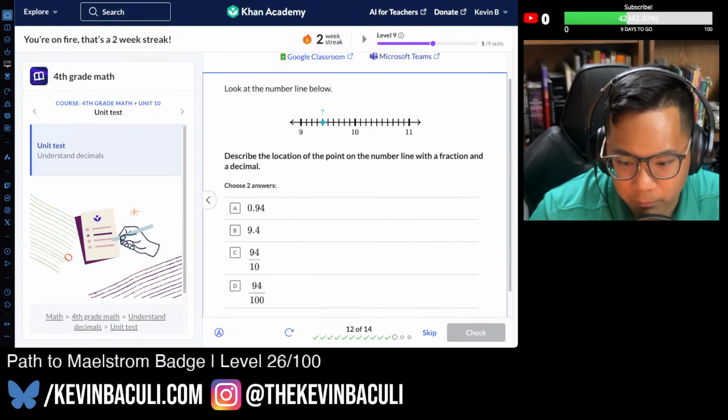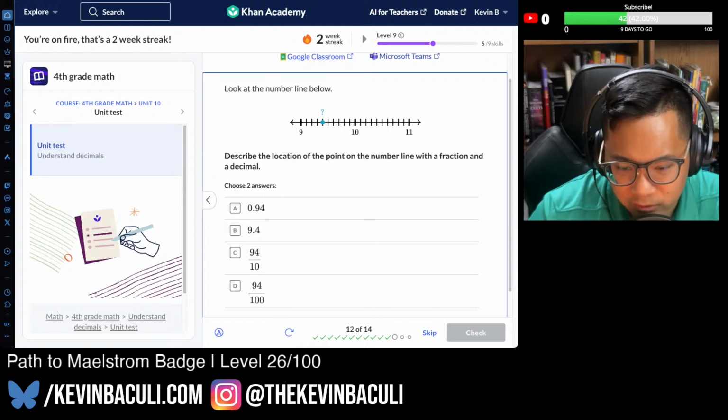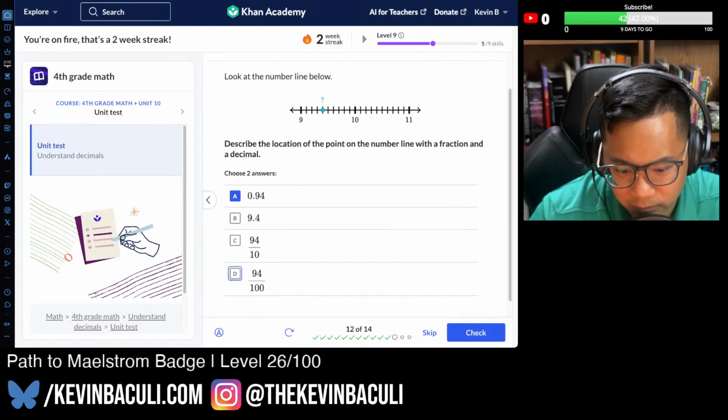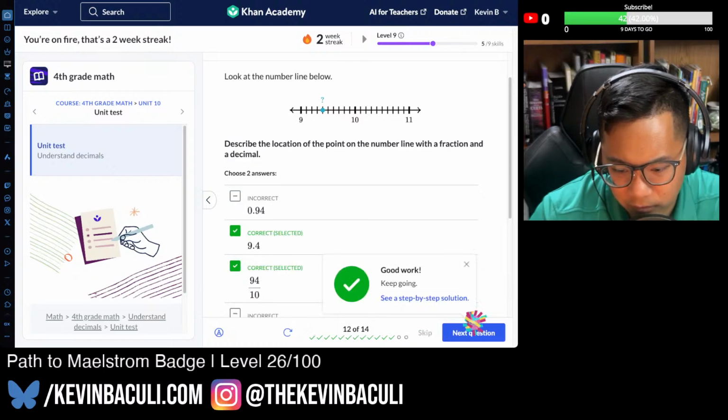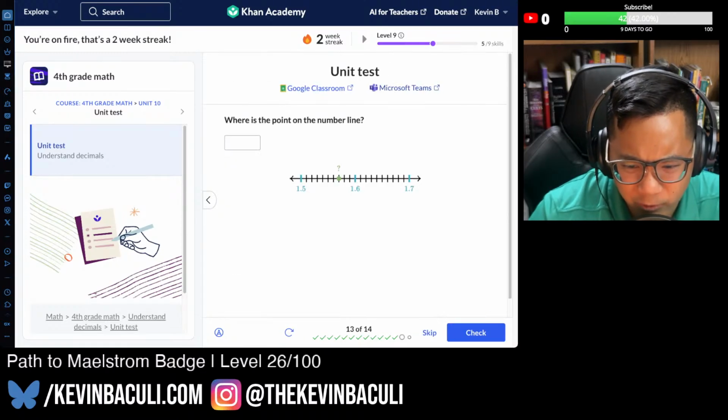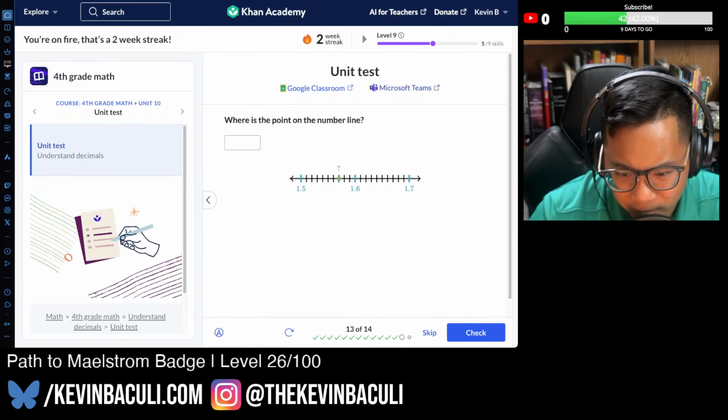Describe the location of the point on the number line with the fraction as a decimal. So this is 9/4. Fraction and decimal. Where is the point on the number line? 1.57.